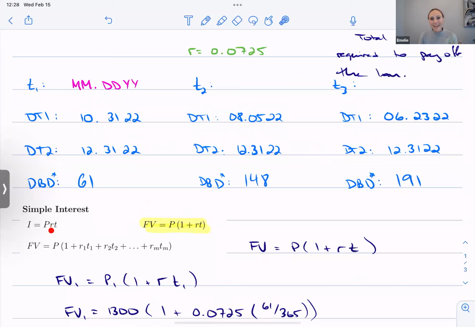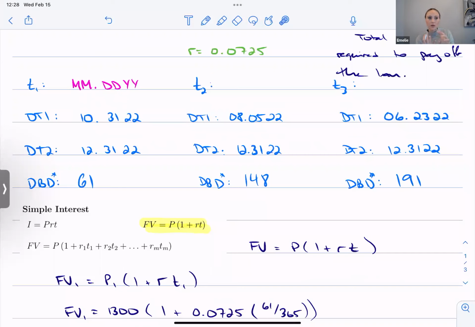Okay, and then added it to P, right? But that's what this formula is doing, and we derived that last day. And so I wouldn't recommend doing that. I recommend just using this formula, but just remember that that's the makeup of the future value, right?